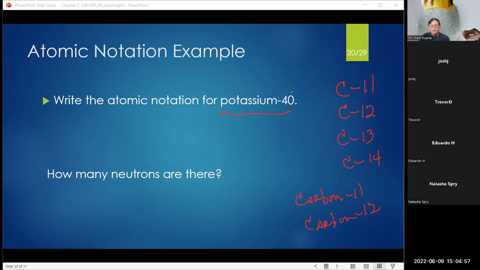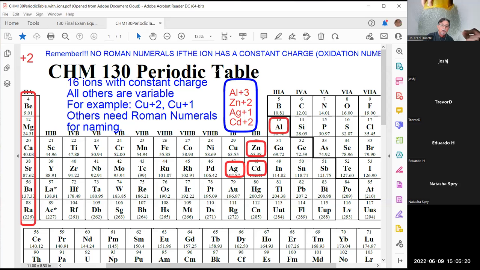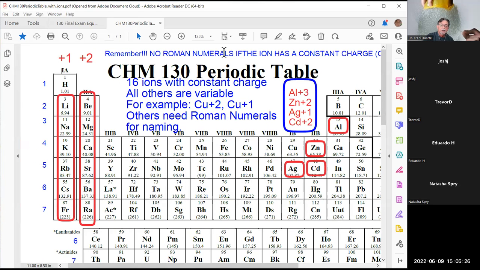They're telling you potassium-40. So guess what? They are already giving you the mass number for that isotope. You might ask yourself, is potassium-40 the most abundant isotope there is? Well, to answer that, you go to the periodic table and look up potassium, right here, and its atomic weight is 39.1.